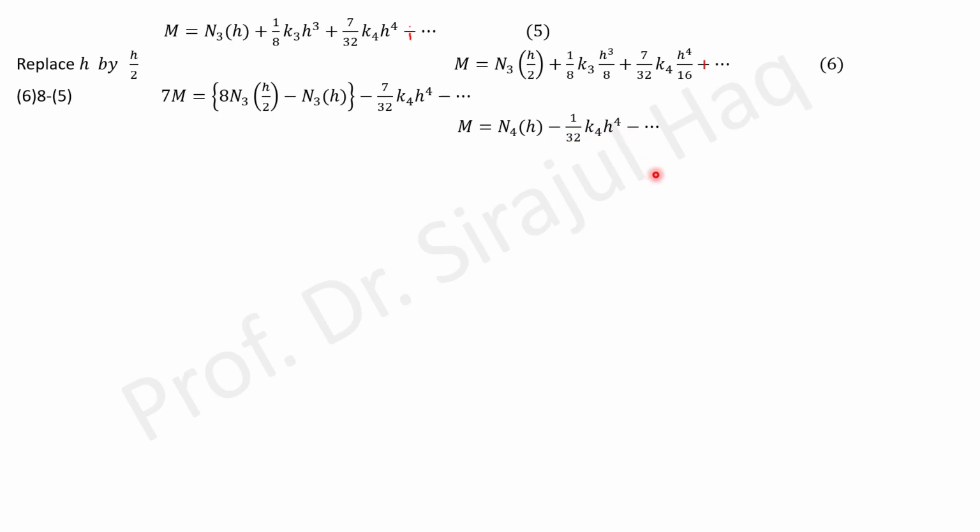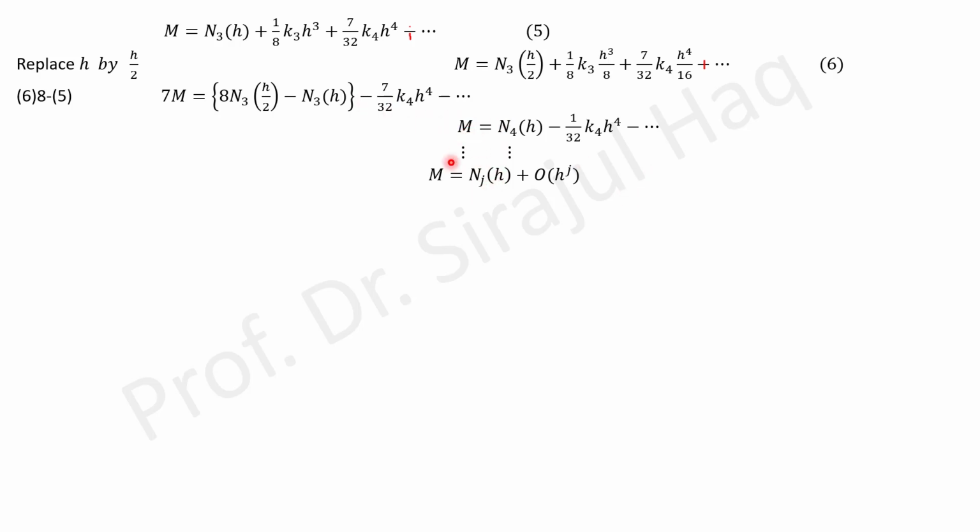Remember, the target is the approximation of M, but we are increasing the order of h, started from 1 and reaching up to different values. This procedure will continue. I reach up to j steps.